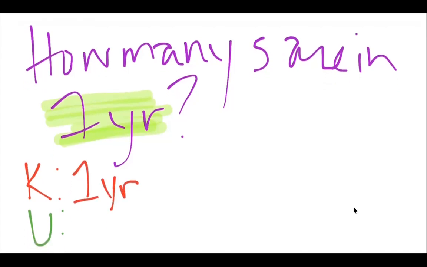Now, what do you think our unknown is in this question? What are we trying to solve for, or what are we trying to convert to? Seconds. Because remember, the unknown will not have a number, it will just have units. So I'm going to put question mark seconds.